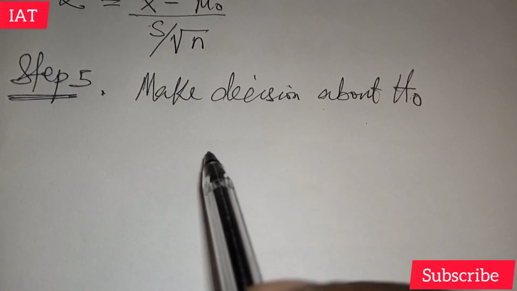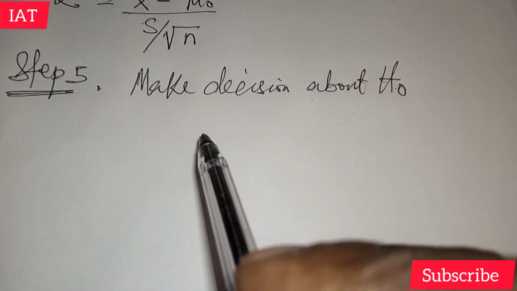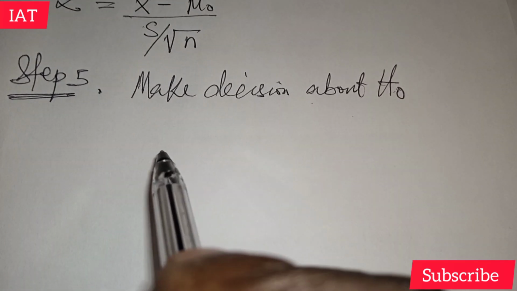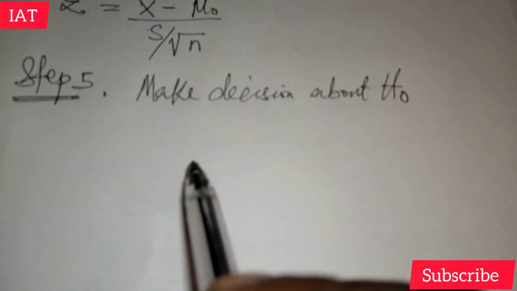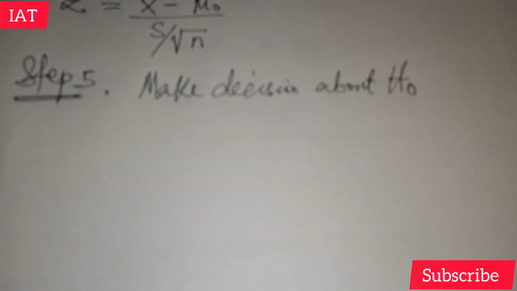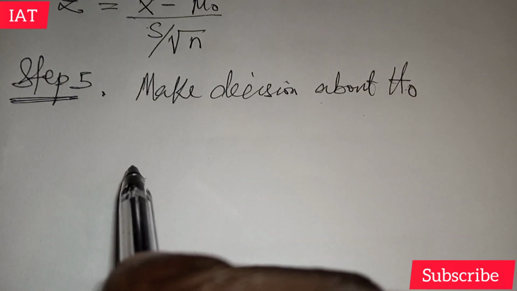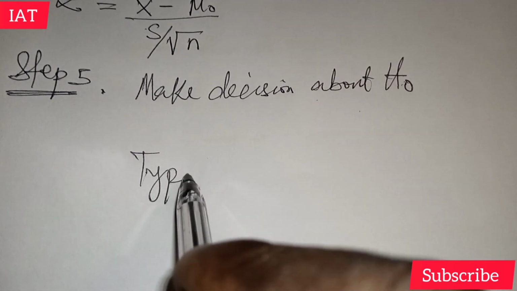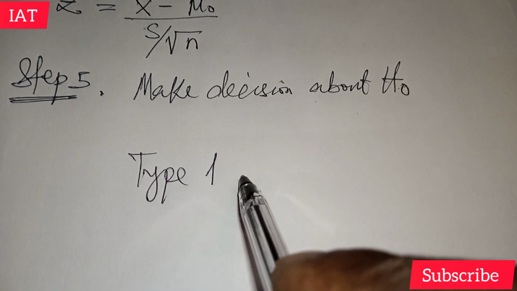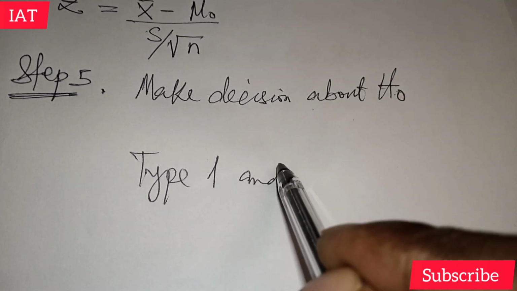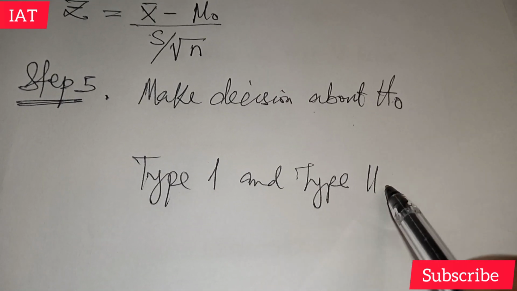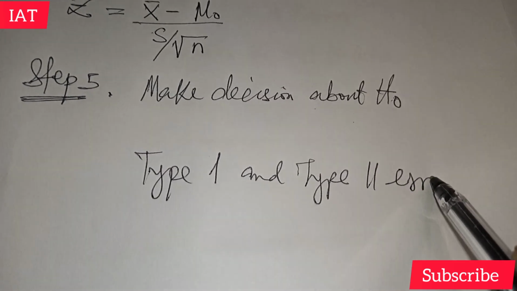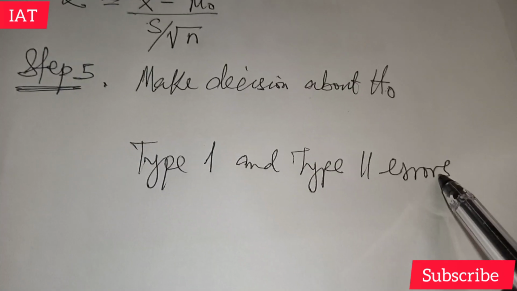So keep in mind, in hypothesis testing, we usually have 2 types of errors. The first one is what we call the type 1 error, and we also have the type 2 error.